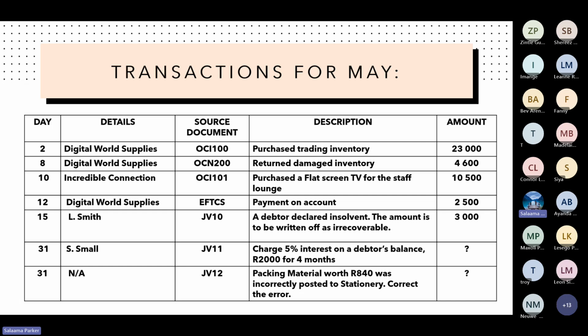So always remember the rule is cancel the incorrect entry and then you do the correct entry. If we debited stationery, are we going to debit stationery again when we correct this error? No, we have to credit it.